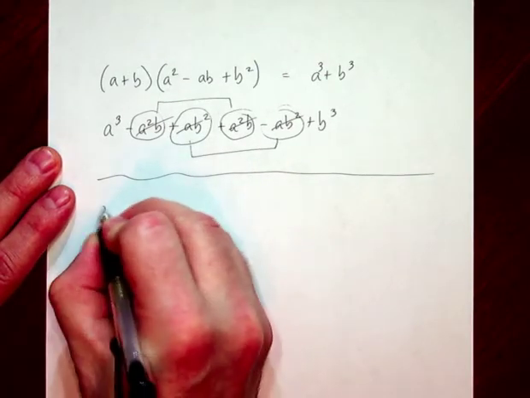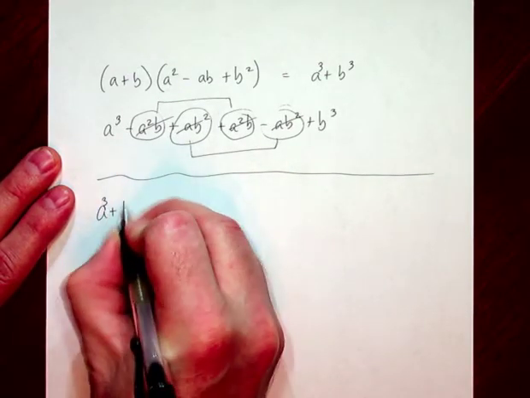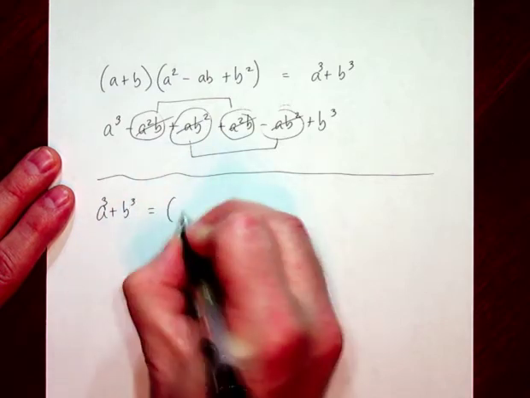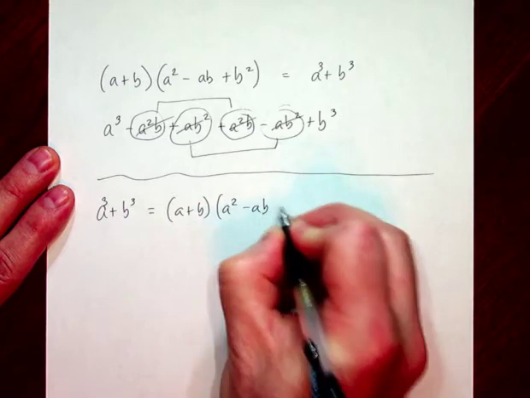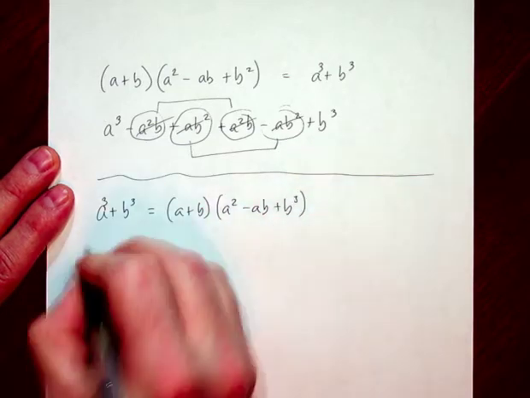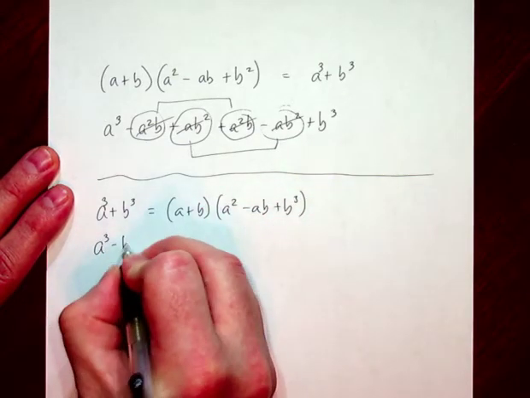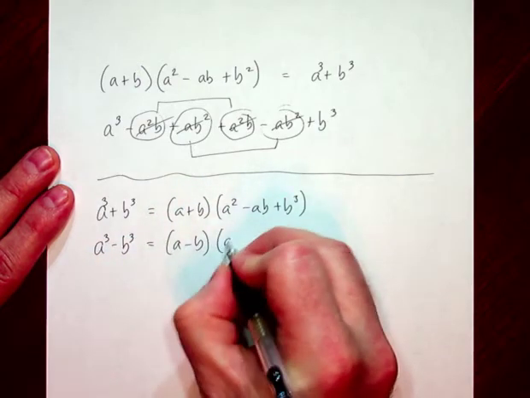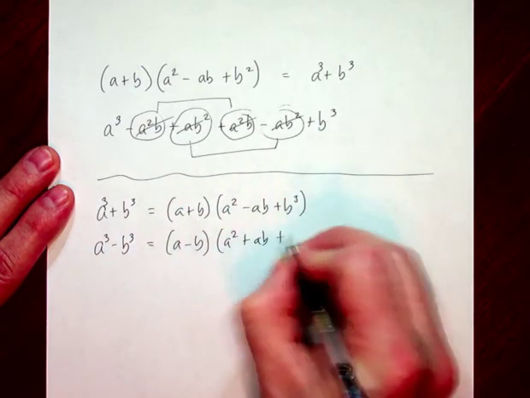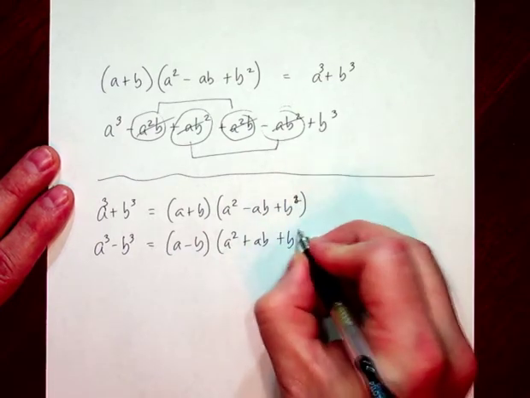And so a cubed plus b cubed gives me the form of a plus b times a squared minus ab plus b squared, and then a cubed minus b cubed is a minus b times a squared plus ab plus b squared.